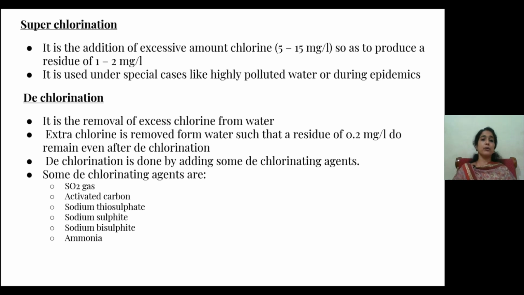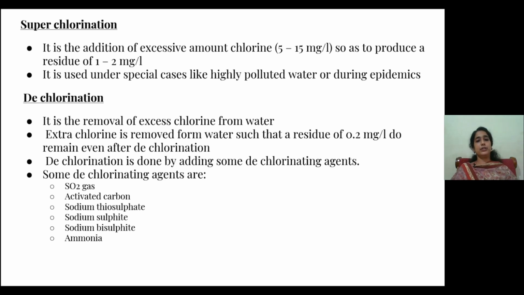An excess amount of chlorine, much larger than the residual chlorine present in the water, has to be added into the water treatment system to increase the disinfection action. This is to restrict or avoid the possibility of an epidemic among the public.